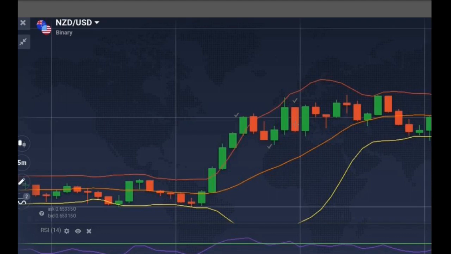Okay, so you are waiting for a confirmation candle, which in an uptrend can be a red Marubozu, or a red shooting star, or a red star called an evening star.